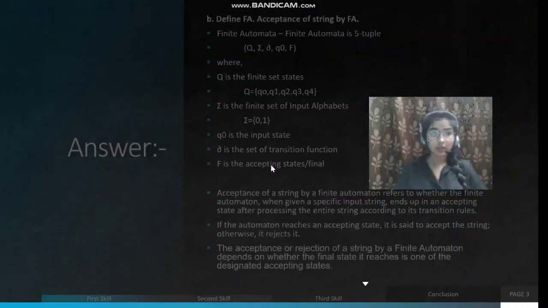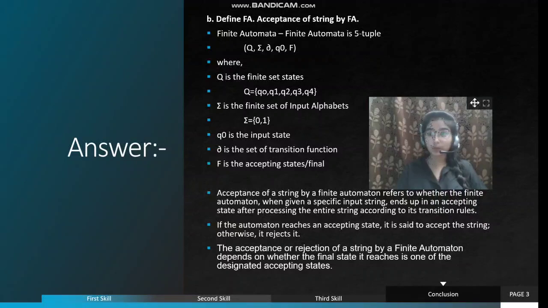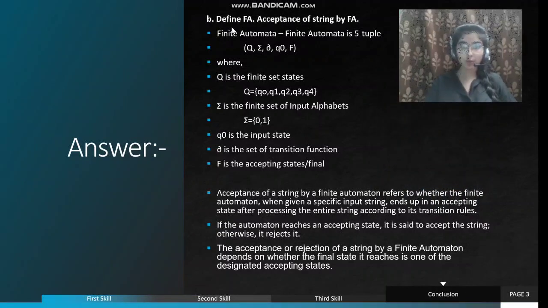Now let's look at part B of question number 1. Define FA, acceptance of string by FA. FA stands for finite automata. A finite automata is a 5-tuple, that is Q, sigma, delta, Q0 and F, where Q is the finite set of states, that is Q0, Q1, Q2, Q3 and Q4.